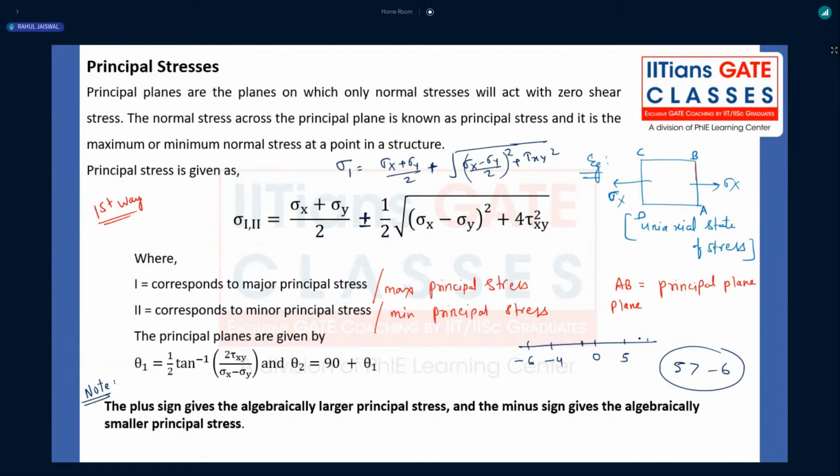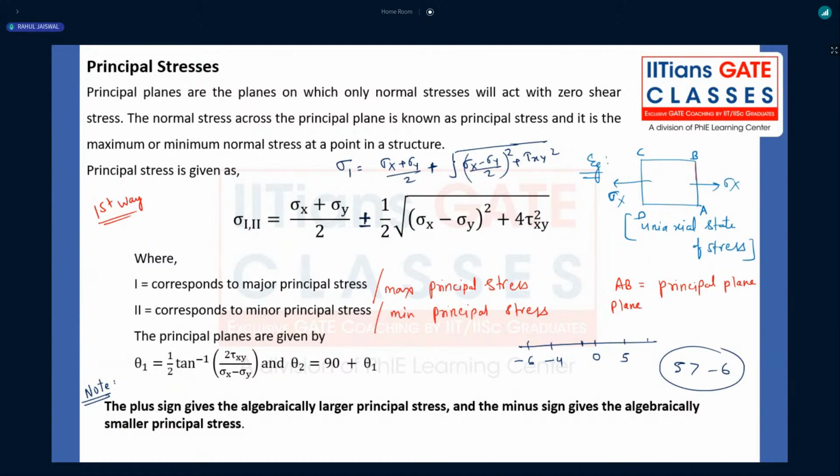From the design point of view, if you want to design a beam subjected to a complex loading case, with bending load, shear load, and maybe non-axial load, all the loads combined acting on a particular beam, and I tell you to design that beam for the maximum value, then you will take the mod value of -6 or 5. I'm talking about the design stress, not the principal stress.